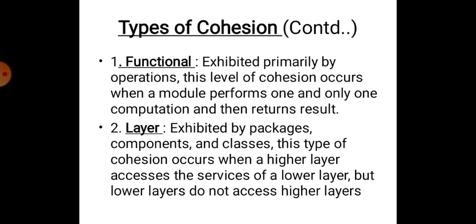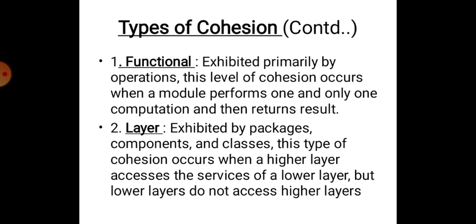This type of cohesion is exhibited primarily by operations. This level of cohesion occurs when a module performs one and only one computation and then returns the result. So in this case only one computation is performed and the result is returned.